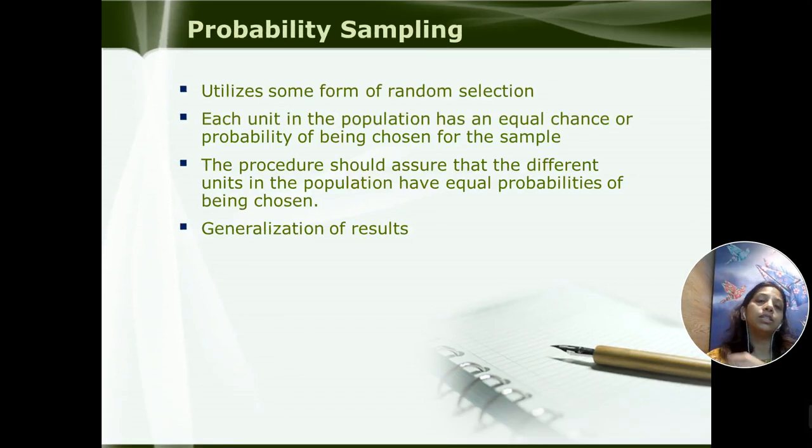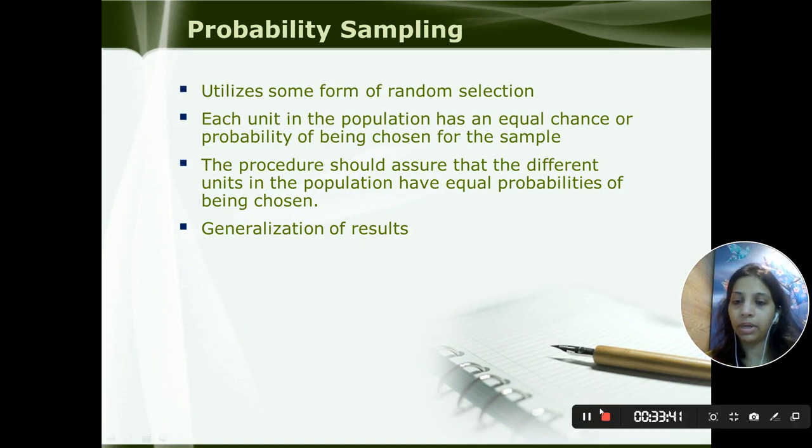Next is the second classification, the second head under your classification, that is probability sampling. Probability or random sampling utilizes some form of random selection. Each unit in the population has an equal chance or probability of being chosen for the sample.